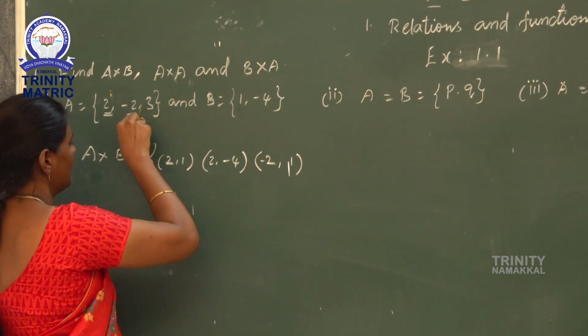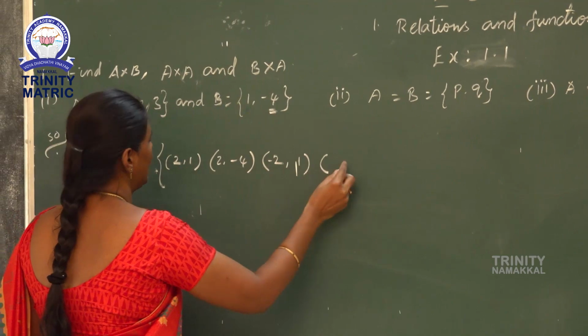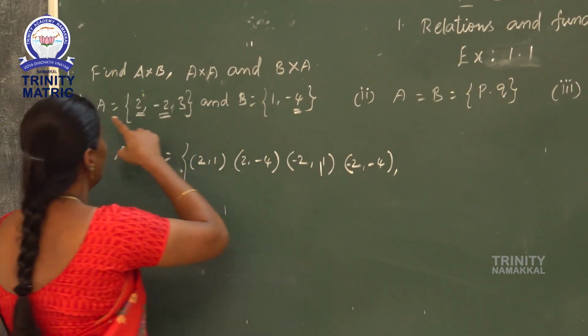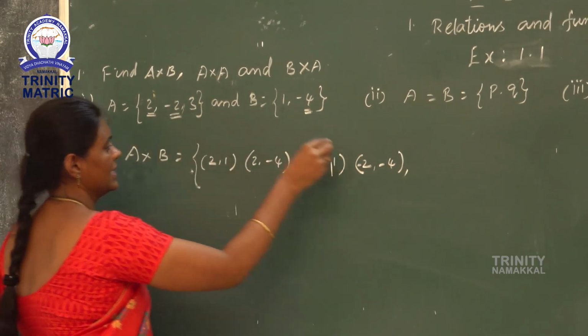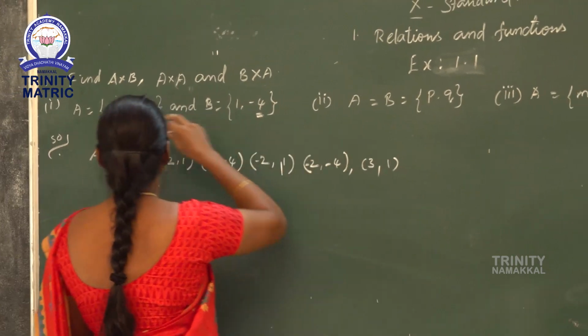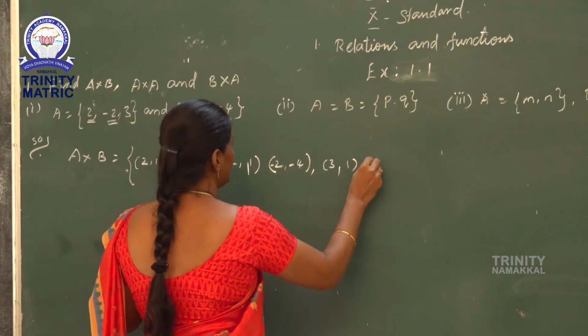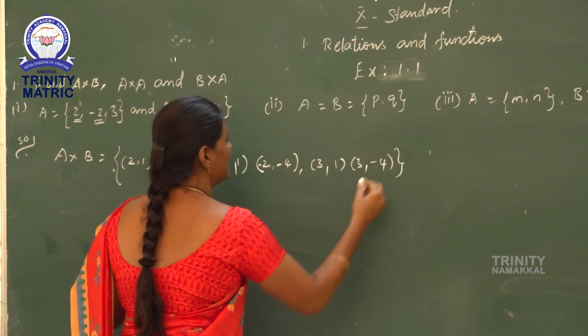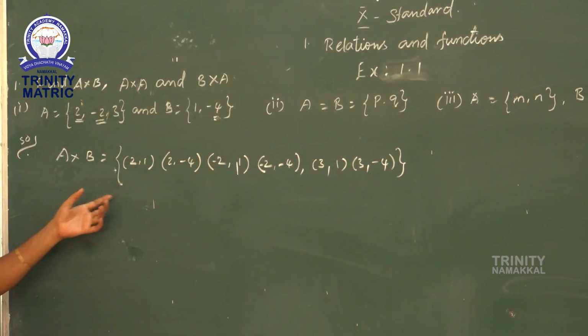Then the second element from A with the second element from B: (-2, -4). Then we take the third element from the set A with the first element from the set B, and the third element from the set A with the second element of the set B. This is A cross B.